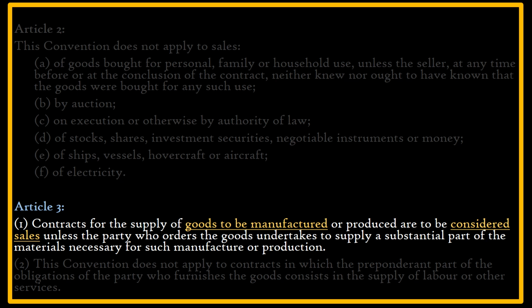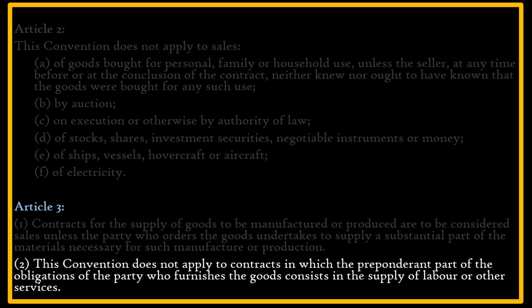And there's the language. Okay, but the CISG makes it clear that even when we have a contract for the manufacture and sale of goods, it will not be governed by the CISG if the party who orders the goods, the buyer, undertakes to supply a substantial part of the materials necessary for such manufacture or production.